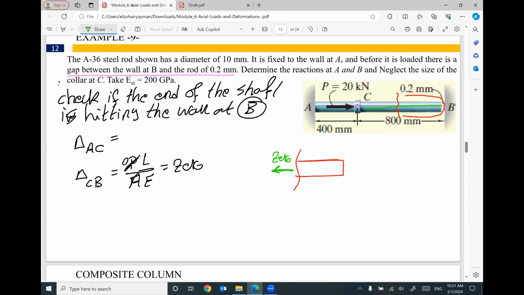But for AC, if you cut here, so here is the end of the shaft, and this is the collar at C, and we have a force here, 20, and I did cut here. Keep in your mind, we don't have any contact at the end of the shaft. So for equilibrium, summation of Fx equals 0, the force at this cut will be 20 kilonewton.